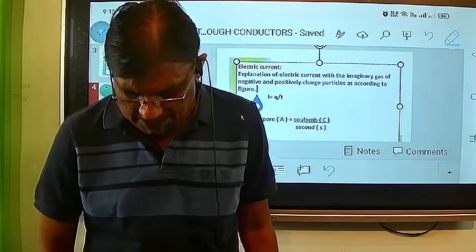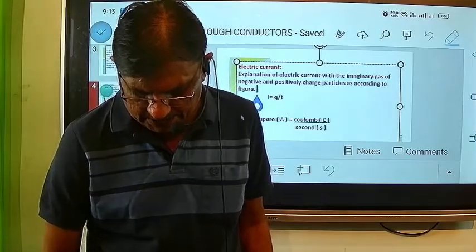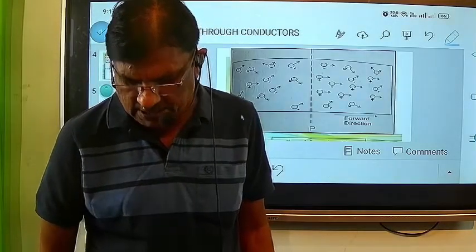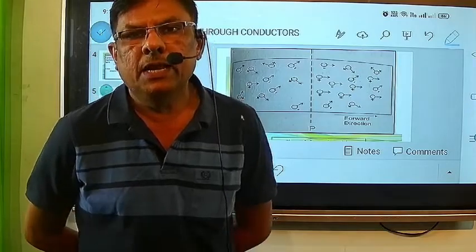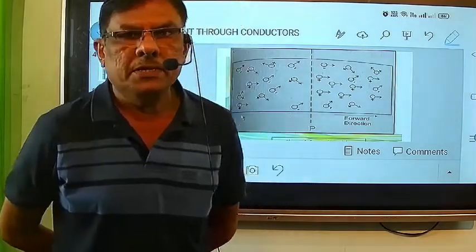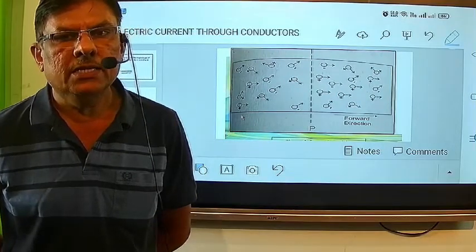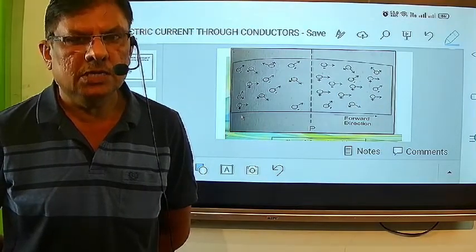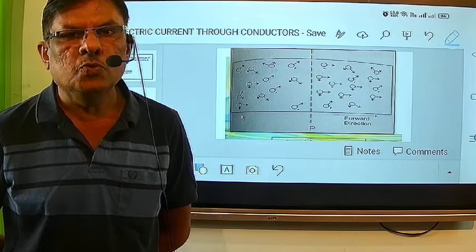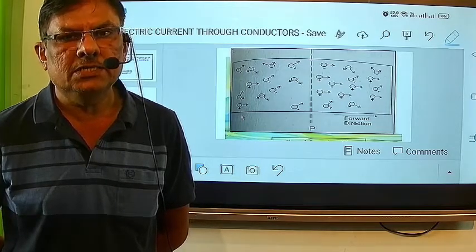Okay. Now, in this figure, you will come to know that there is a plane, and in this plane, if you check, you will find that we have given the notation Q plus and Q minus charges.